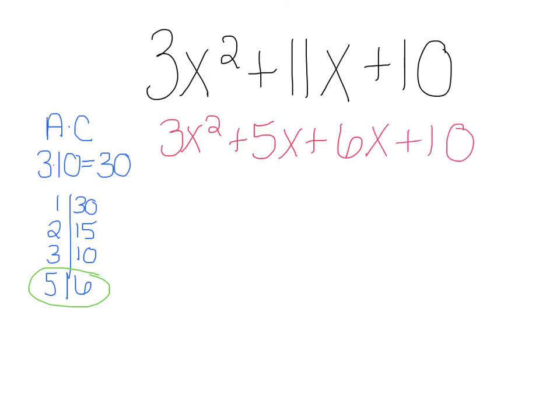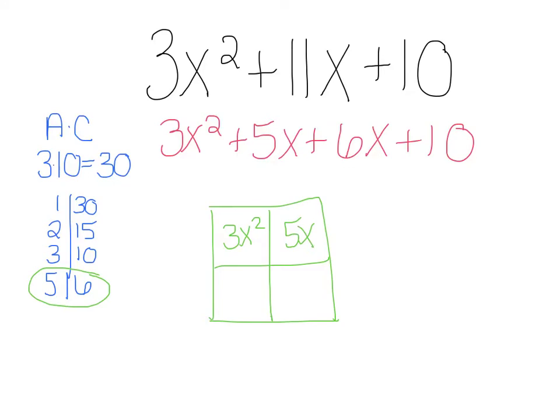If you want to use the box method, go right ahead. The box method says this is our area, so we're going to place them in the box. We have 3x squared, 5x, 6x, 10. I'm going to first look at what's common between my columns.